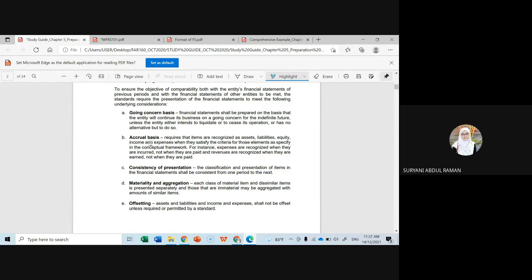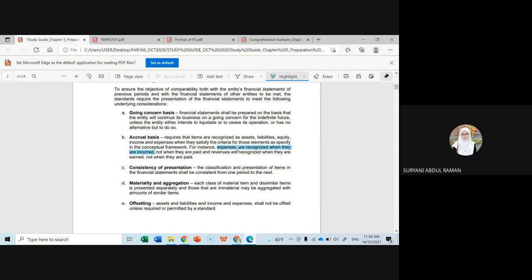So we are not just dealing with accrued adjustments, but also with prepayments. Because in accrual basis we need to recognize expenses that are incurred, not when they are paid. So if they are overpaid, you have a prepayment. So based on accrual basis, you need to adjust for the prepayment.